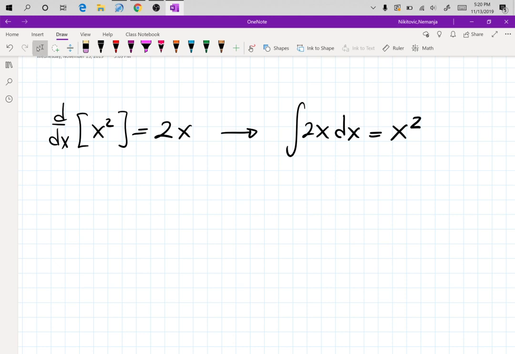So it's not complete yet. Now this is your notation. Both of these must be present, so integral sign and dx both must be present for the correct notation.